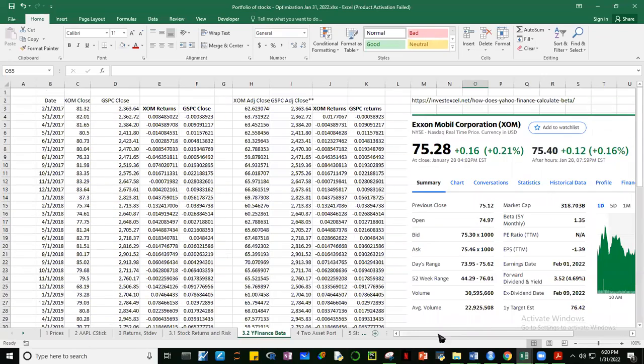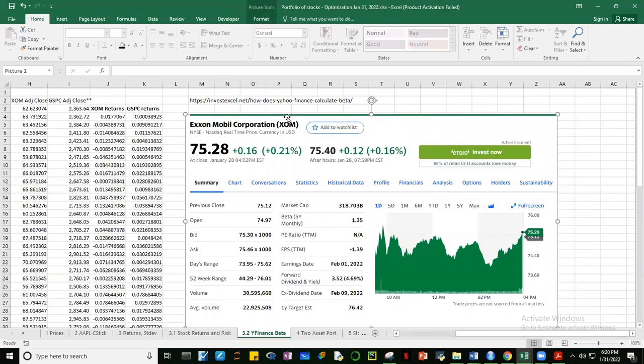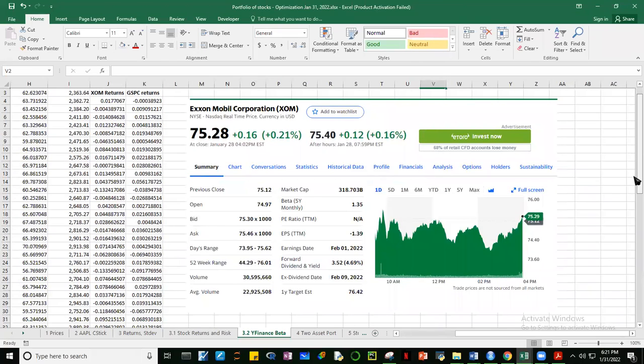I'm now at 3.2 worksheet. So what I did was to get the Exxon. Okay, Exxon Mobil. So meron ditong site which you can refer to. This is just a note on how does Yahoo calculate data, which is what we did last time. Ganun din yan.